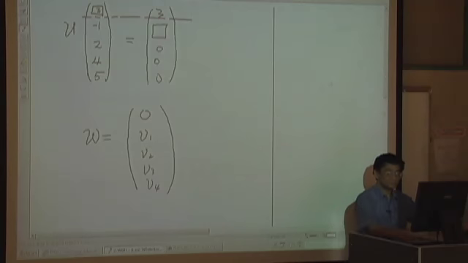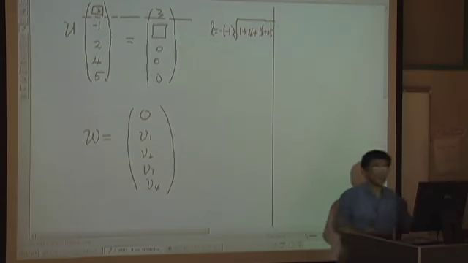So D1 is negative 1, D2, D3, D4. So L equals negative 1, square root of this divided by this one, then 1 plus this divided by this, 4, and then 16, and then 25. Right? So this is L.